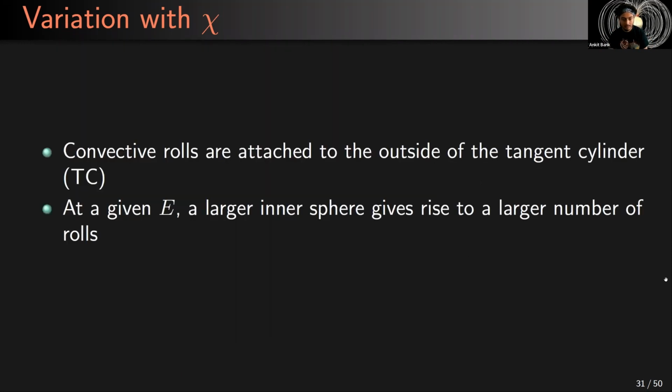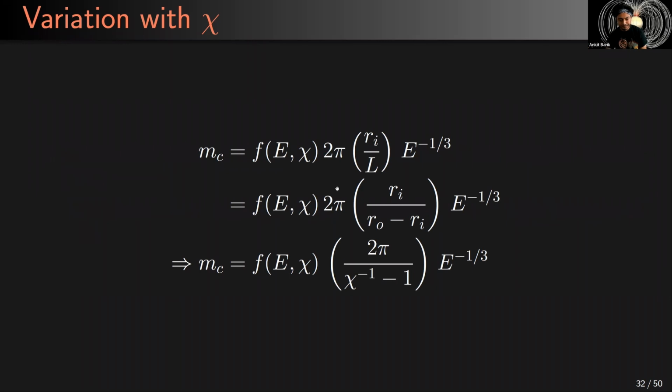The convective columns are always attached to the tangent cylinder, and at a given Ekman number, a larger inner sphere gives rise to a larger number of convection columns. So one can argue that it's simply proportional to the circumference of the inner sphere at the equator.